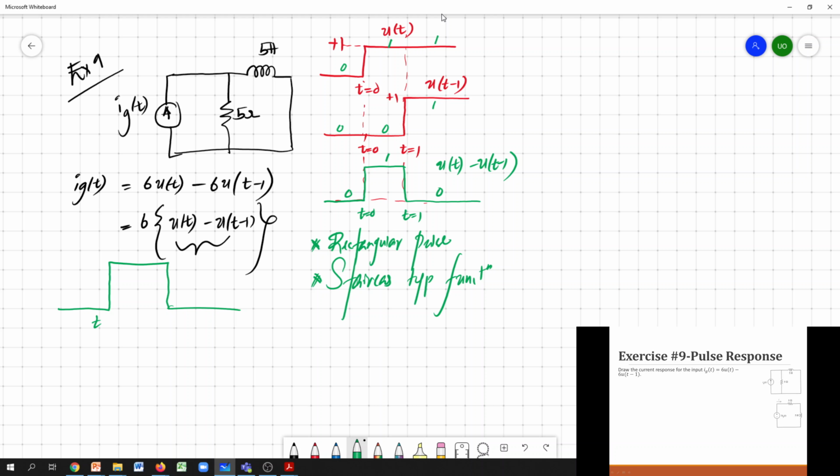Here t equals 0, here t equals 1, and this value is plus 6. So this is the current response i_g(t). Here it's 0 ampere, here it's 6 ampere, here it's 0 ampere. So we have three states: 0, then 6 ampere, then back to 0 ampere.